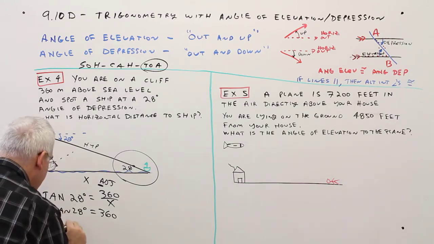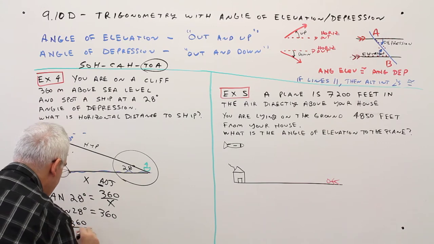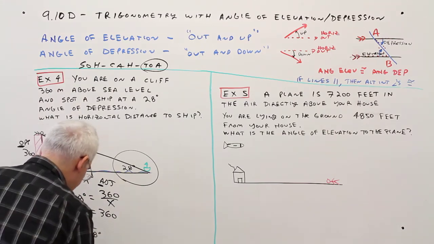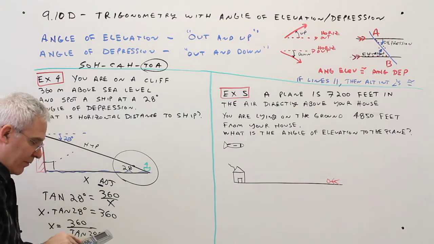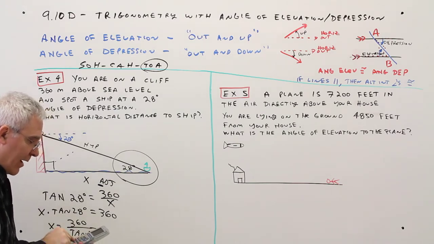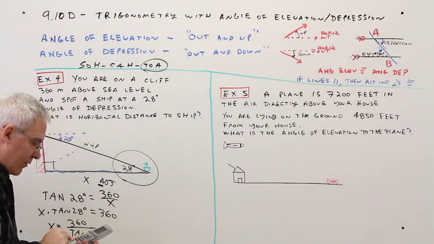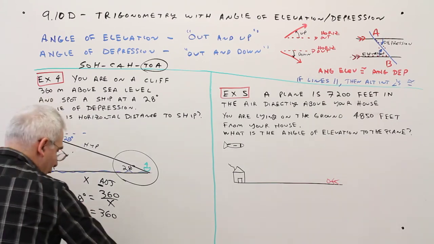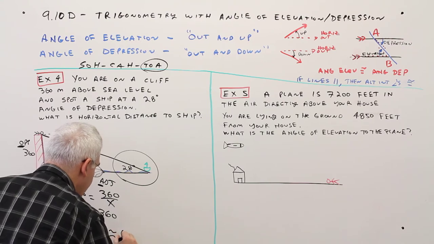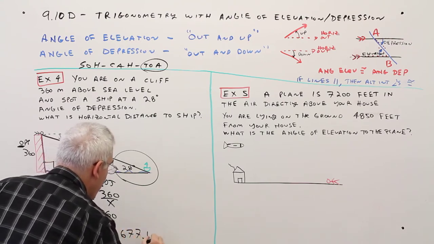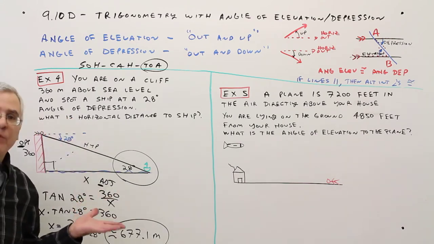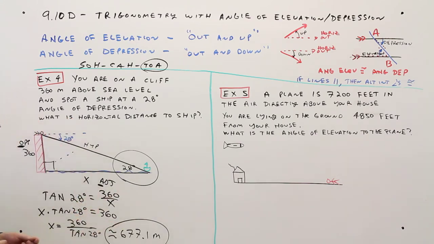So x equals 360 divided by the tangent of 28 degrees. So let me punch that out. 360 divided by the tangent of 28 degrees. And I get 677.1 meters. I didn't say how to round, but in general I'll just go to one decimal place.